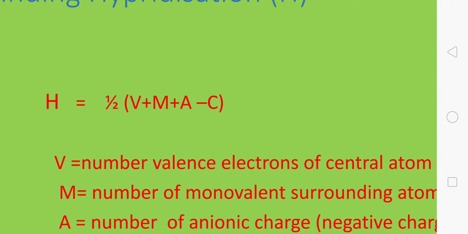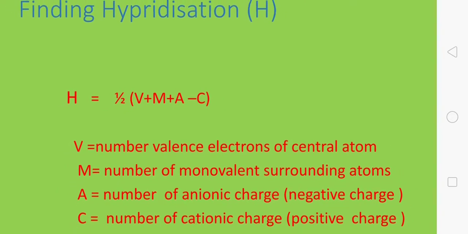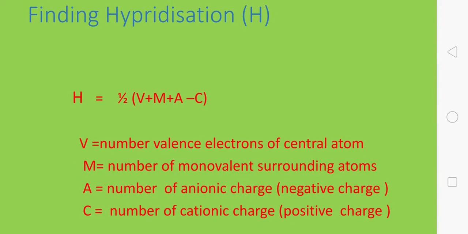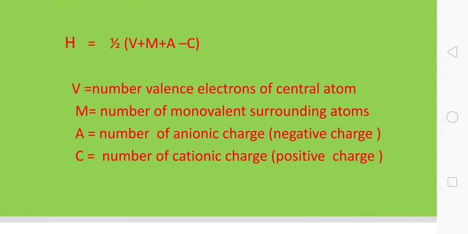If the ion is an anion, we must take the number of negative charges, or if the ion is a cation, we must take the number of positive charges. For neutral molecules, A and C will be 0. It is very important to keep in mind that M is the number of monovalent surrounding atoms.